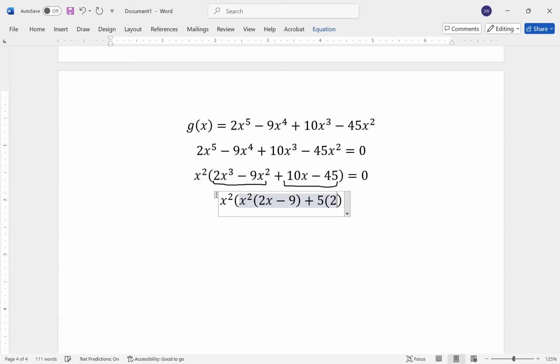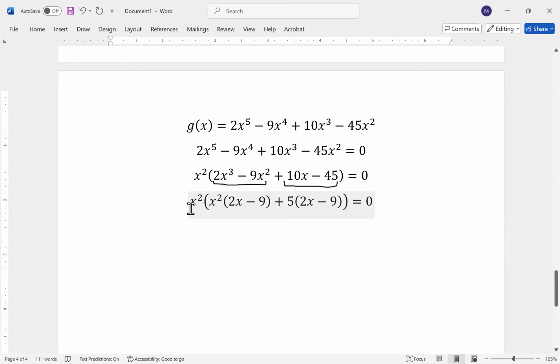And I'll be left with 2x minus 9. Just like before, since 2x minus 9 matches up with 2x minus 9 over here, the x squared plus 5, this x squared and this plus 5 can all be multiplied times 2x minus 9.